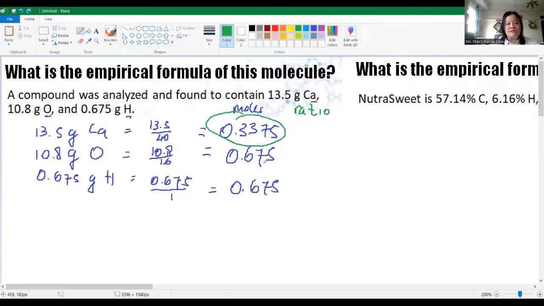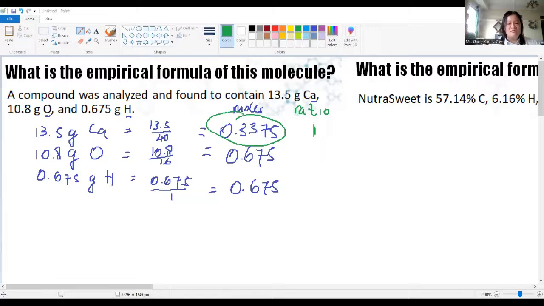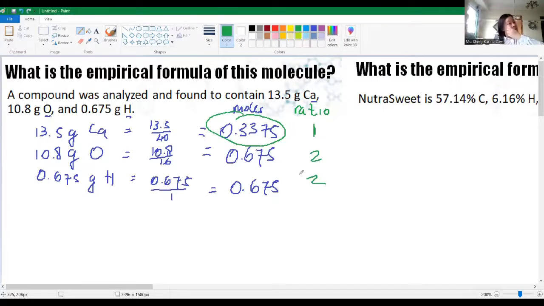This one, 0.3375, is the smallest, so you make it 1, and you divide the others by 0.3375. Here we know that there is 1 calcium, 2 O and 2 H. This is calcium hydroxide.